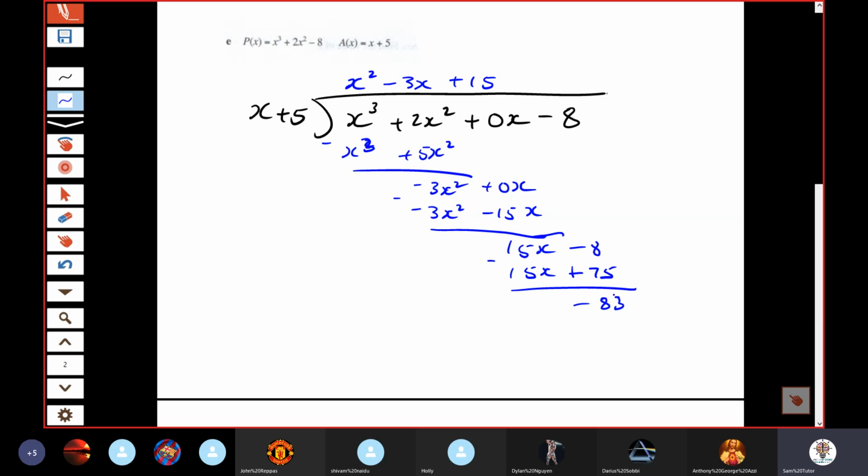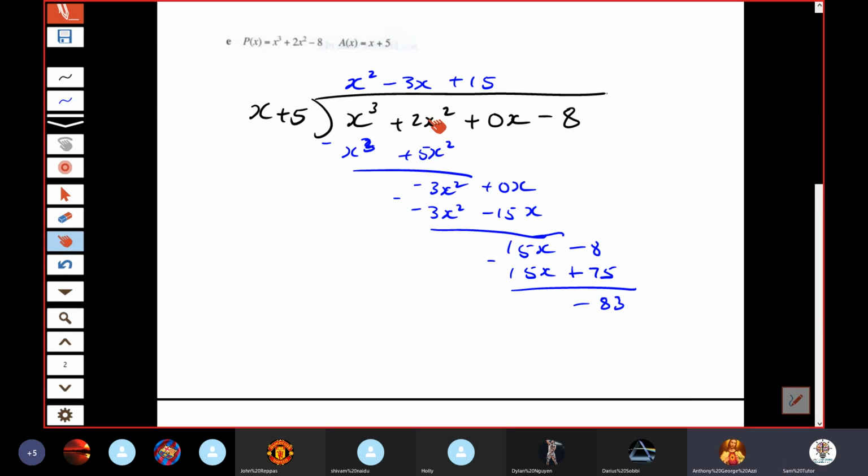Did anyone get minus 83? Did I do a mistake? I think I got plus 3x minus 15, so I think I might have done something wrong actually. Oh, no, wait. 2 minus 5 is minus 3. Then I brought it up.